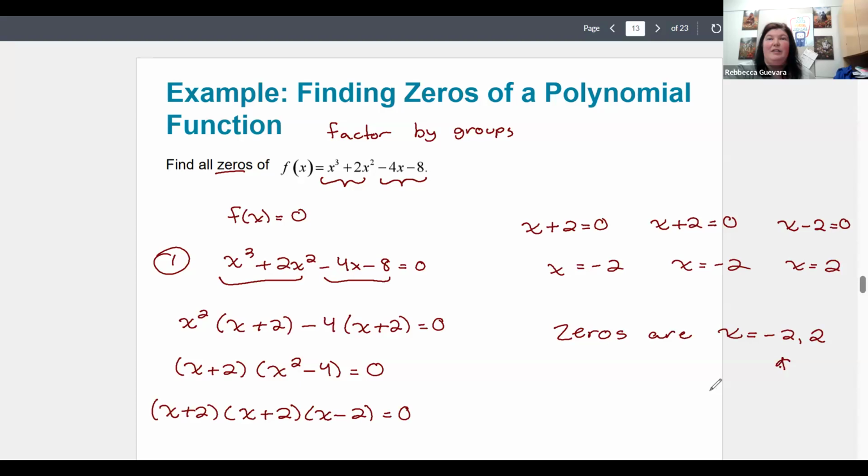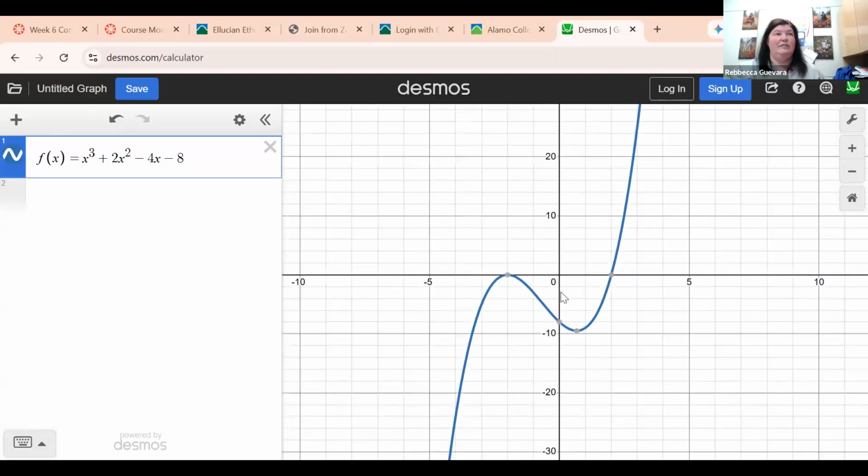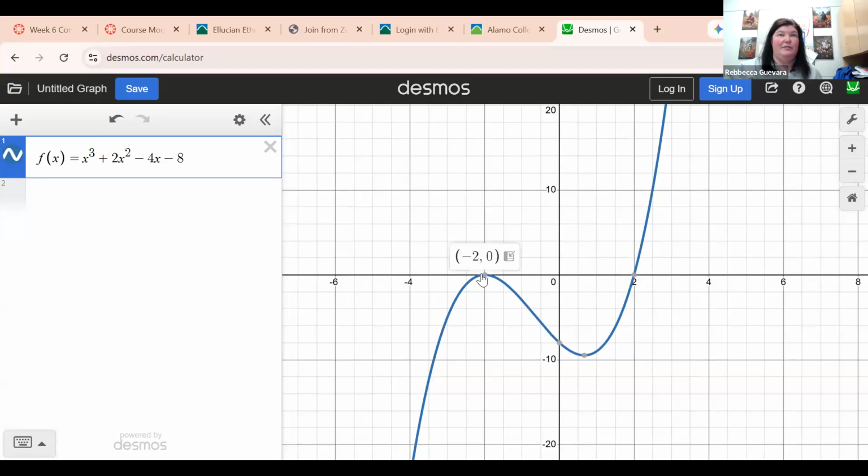Remember, these are also x-intercepts. We'll graph this here in a second. If you look here, where are my x-intercepts? There and there.